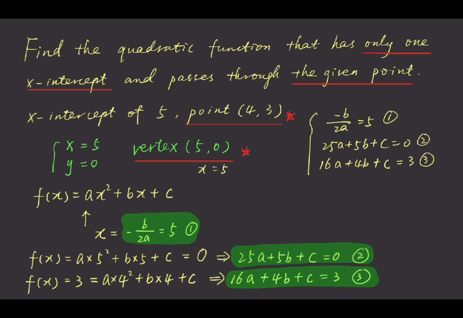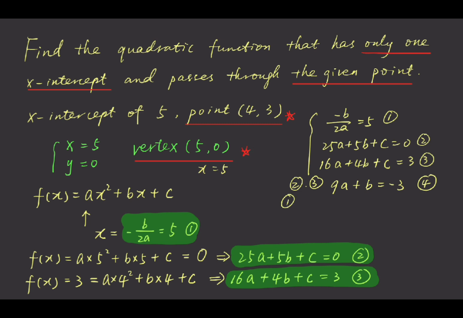We can use this one and this one to figure out the following relation. Using equation 2 minus equation 3, we get 9a plus b equals negative 3. This is equation 4.